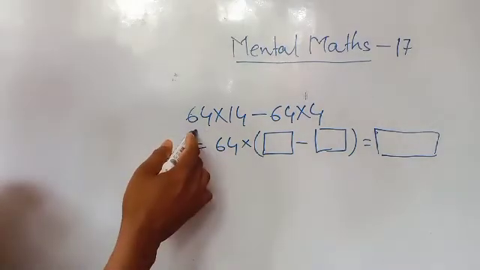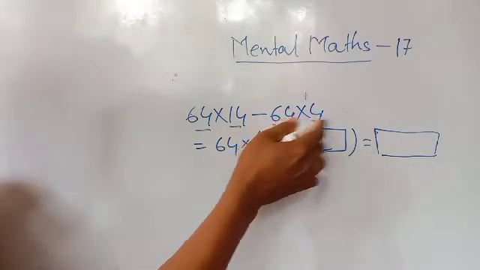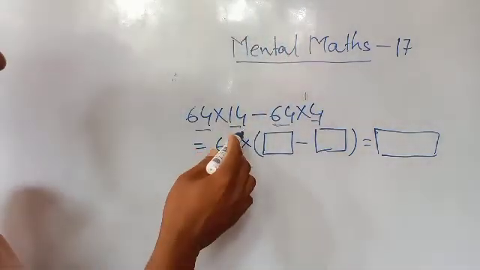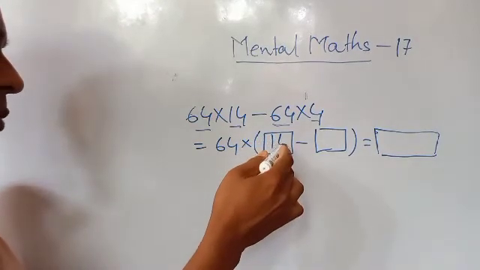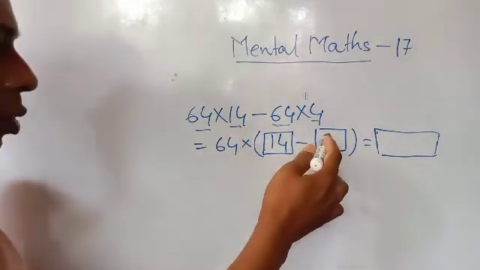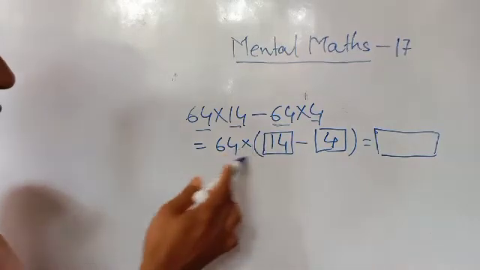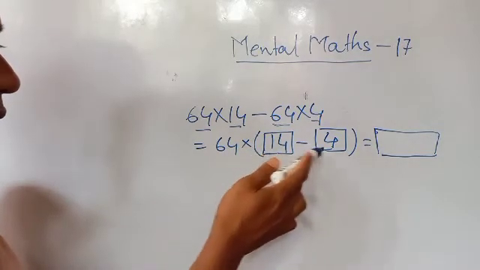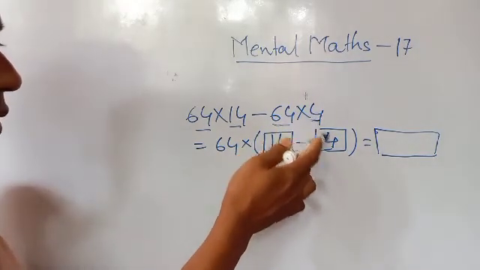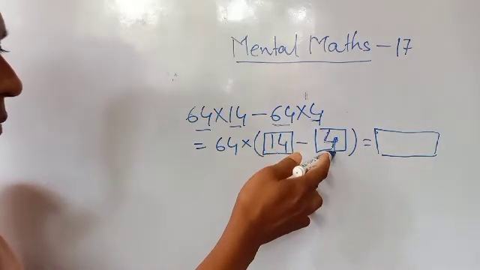Now 64 multiplied by 40, 64 multiplied by 4. Now 64 multiplied by 14 and then 4, and after that subtraction. So 64 you multiplied by 14, then multiplied by 4, and after that you have to do subtraction.